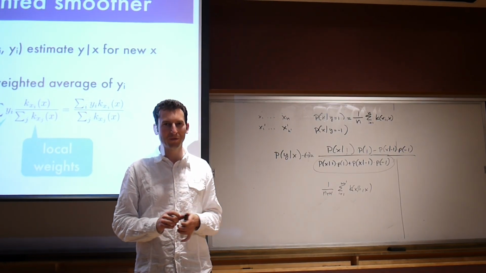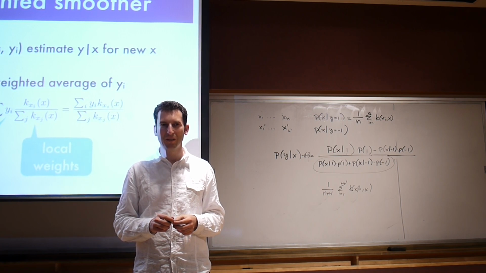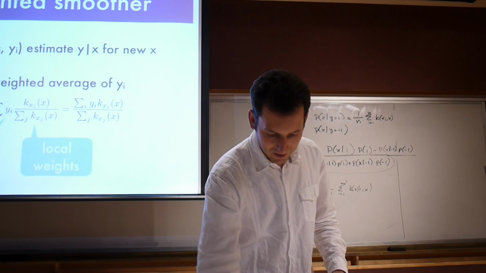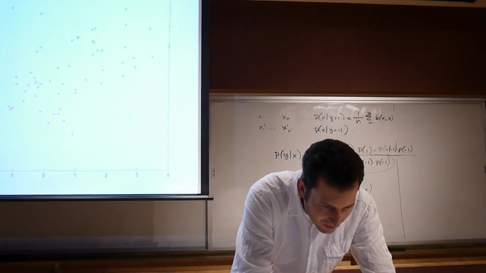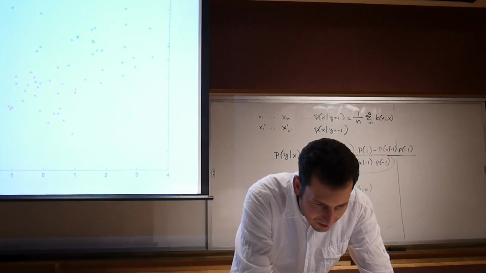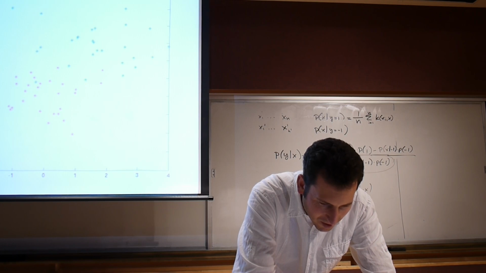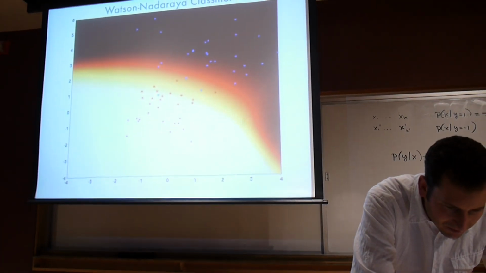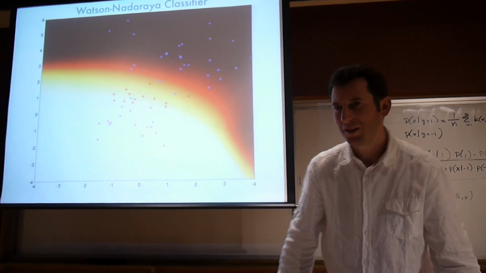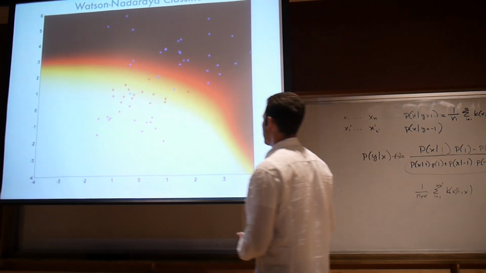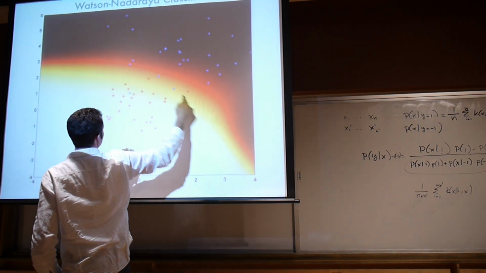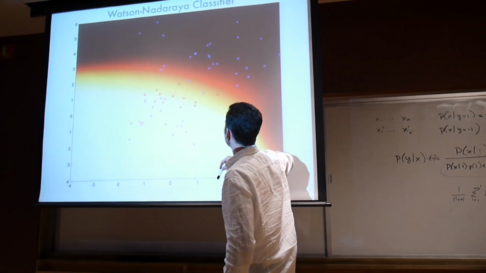Any questions so far? Okay. So it's very, very simple. Let's see what it does. Here is a data set, and here's the Watson-Nadaraya classifier. And you can see reasonably nicely that it produces something quite close to a German flag.